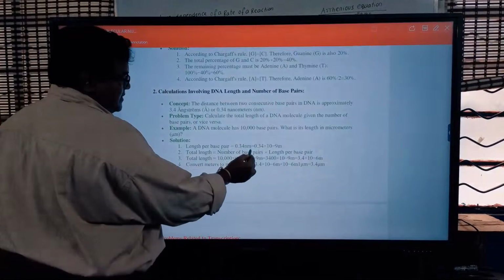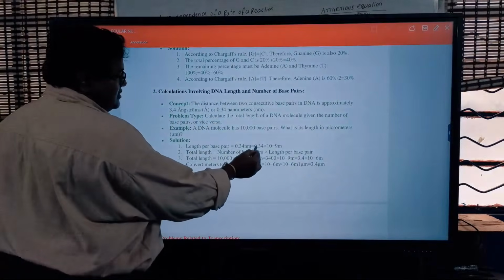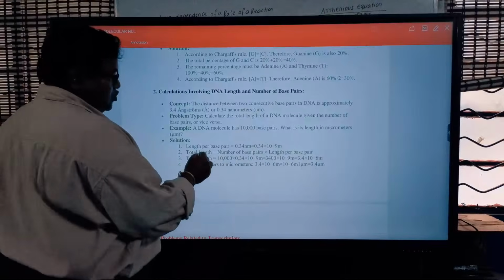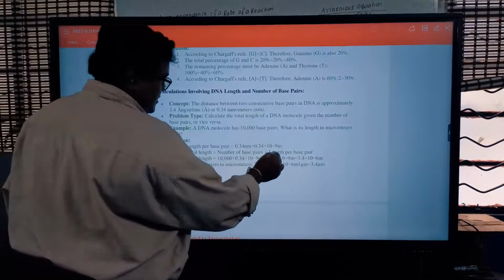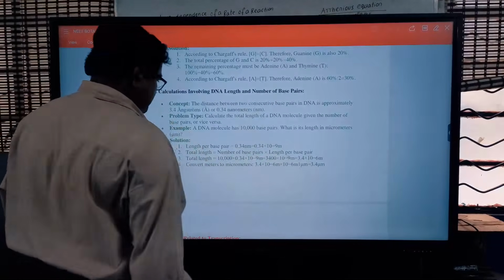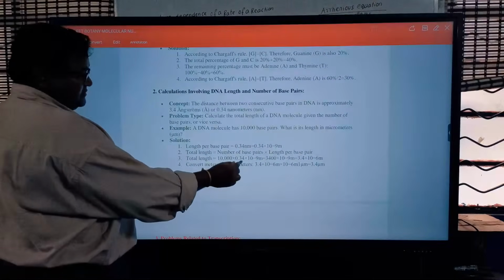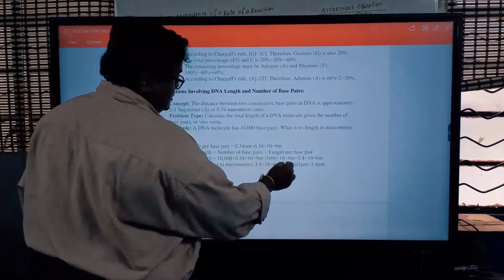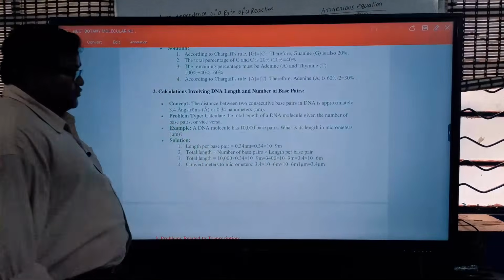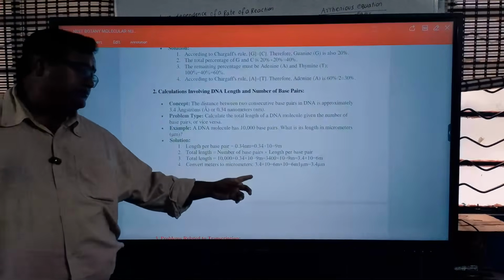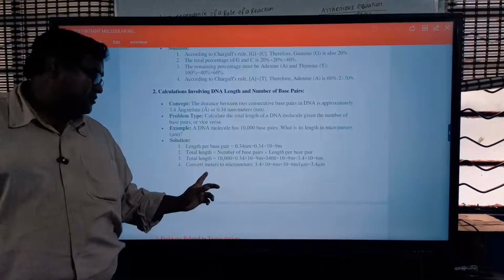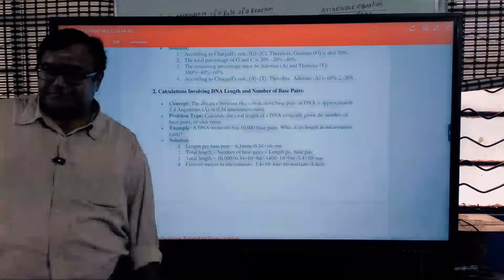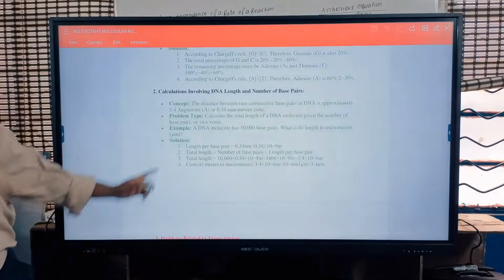Here the length per base pair is 0.34 nanometer, which is 0.34 into 10 to the power of minus 9 meter. The total length equals number of base pair times length per base pair: 10,000 into 0.34 into 10 to the power of minus 9 meter. This is the value you will be getting. Finally, we need to convert the meter into micrometer. So you understood this question?